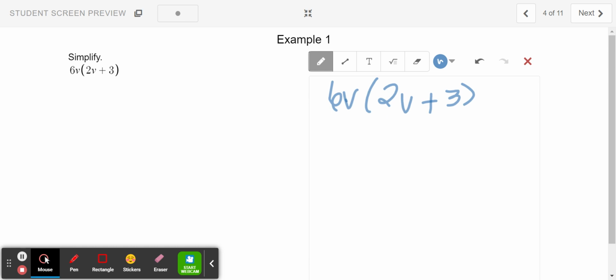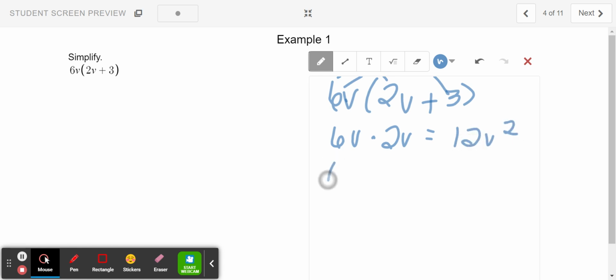And I'm going to go ahead and use the distributive property to do that. I'm going to take that 6v and multiply it by 2v, and take that 6v and multiply it by 3. So 6v times 2v is 12v squared.